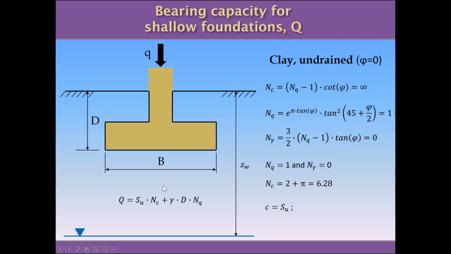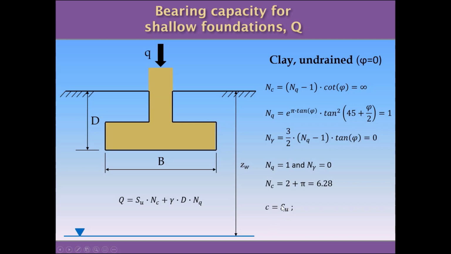Okay, and this is what makes this equation consistent, because Q is a stress, SU is a stress, for example, and the multiplication of gamma times D is a stress as well. And these two guys in here, NC and NQ, are adimensional. We are going to use for this case where we have clay undrained a cohesion, and the cohesion can be equal to the clay strength directly, as is shown in this simple equation.